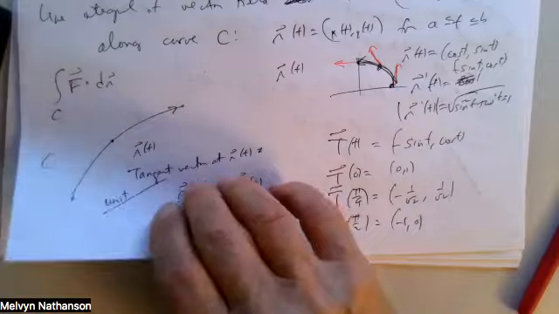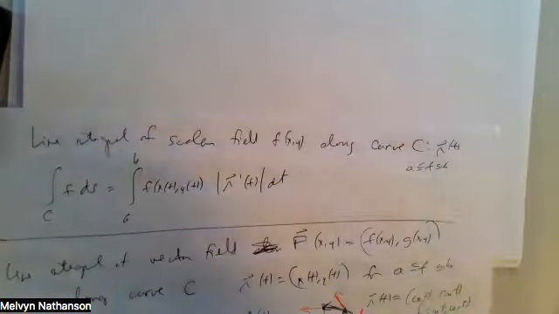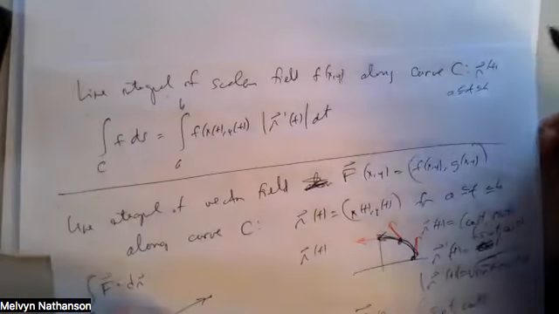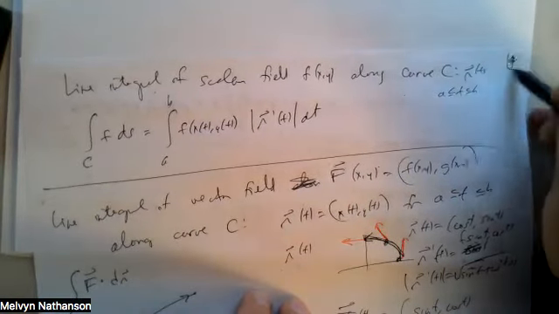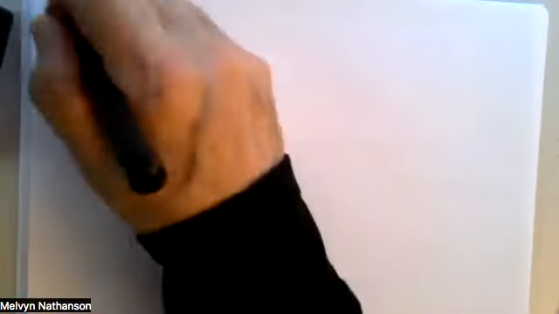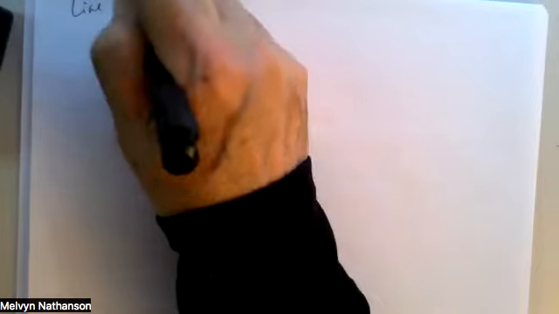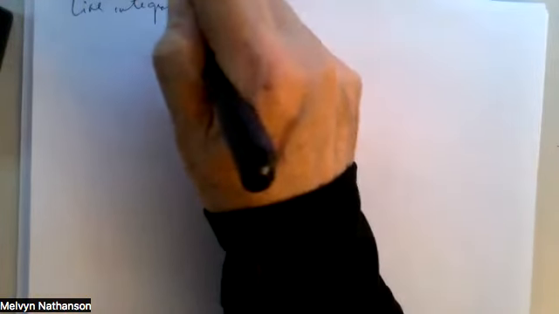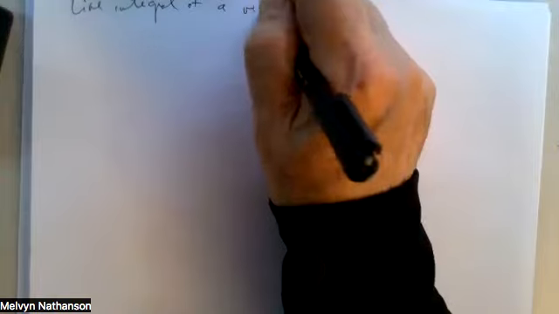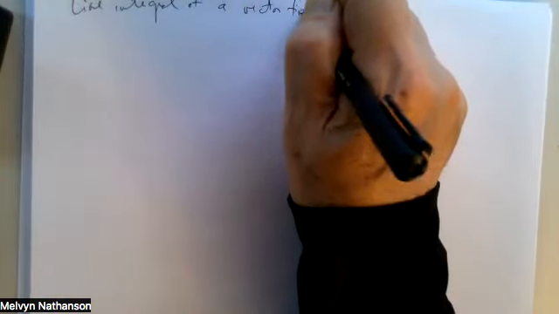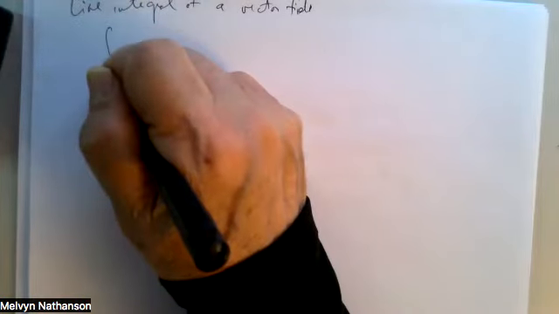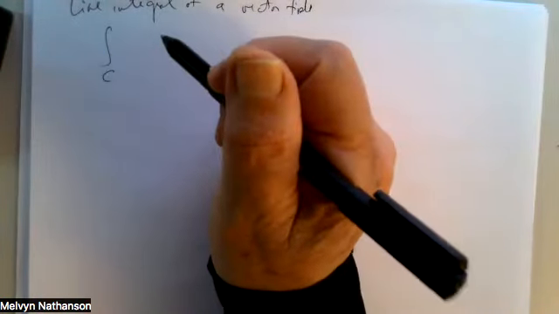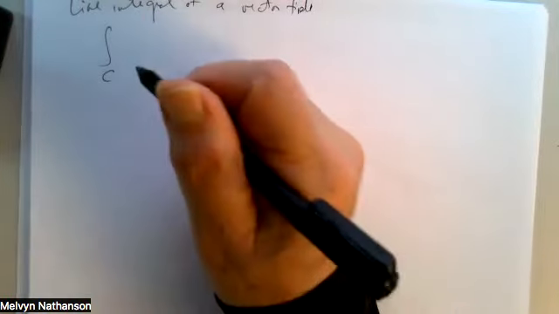And for a vector field, the line integral of a vector field, I'm going to go over C. So we know how to find the line integral of a scalar field.